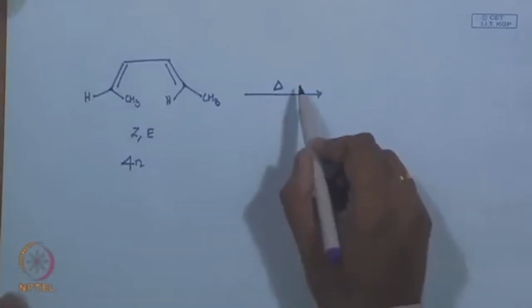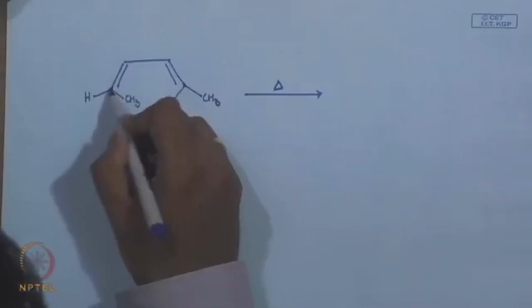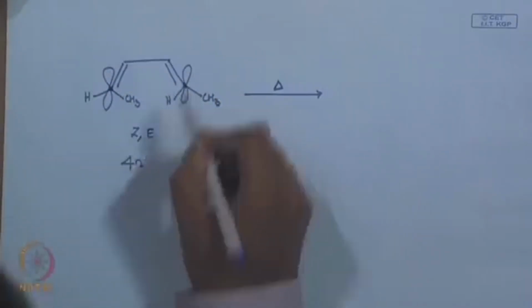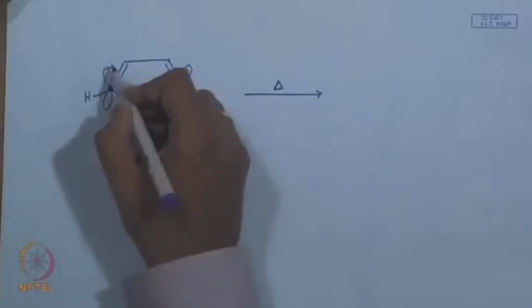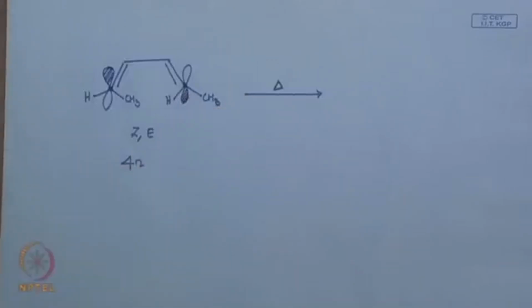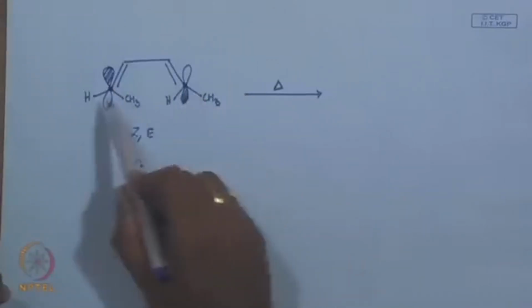So for a 4n system on heating, you should think about your pi 2 system, that is your HOMO. Just remember that, okay. If you think of the last orbital, that's what you get in a 4n system.